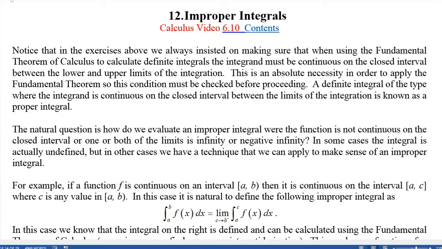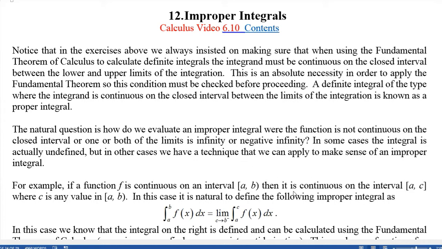Maybe at one or both of the endpoints, or maybe it has a limit going to infinity or negative infinity as it approaches one of those ends. In some cases it turns out that the integral is actually undefined, but there are other cases where we have a technique that we can apply to make sense of what would be called an improper integral in that situation.